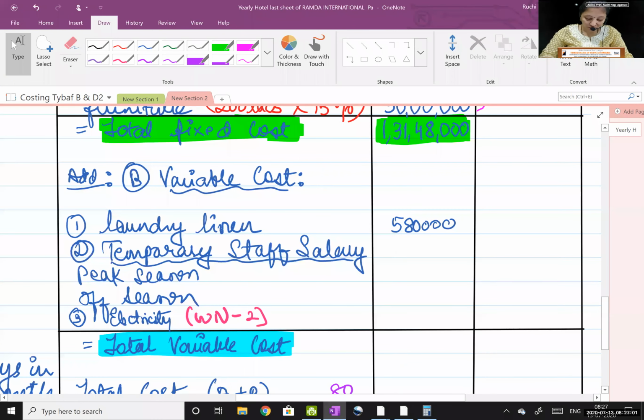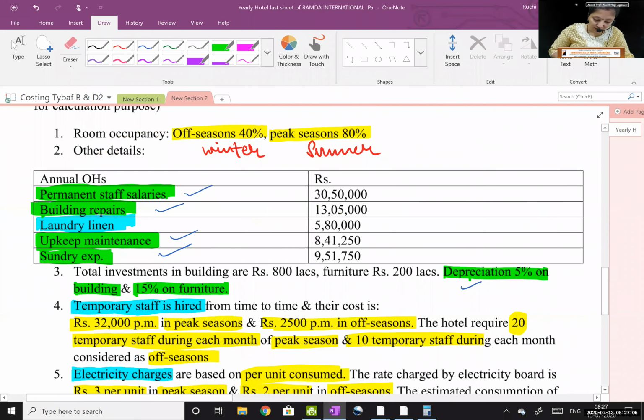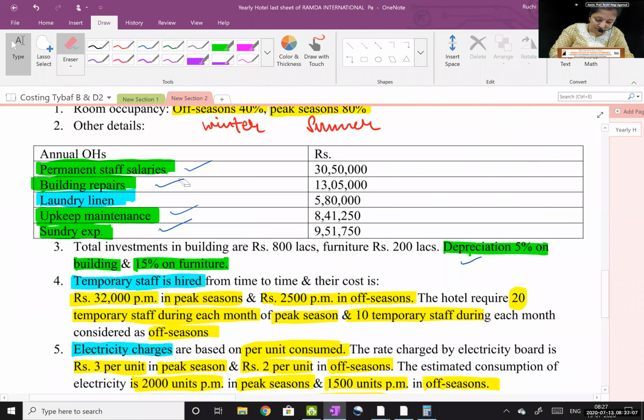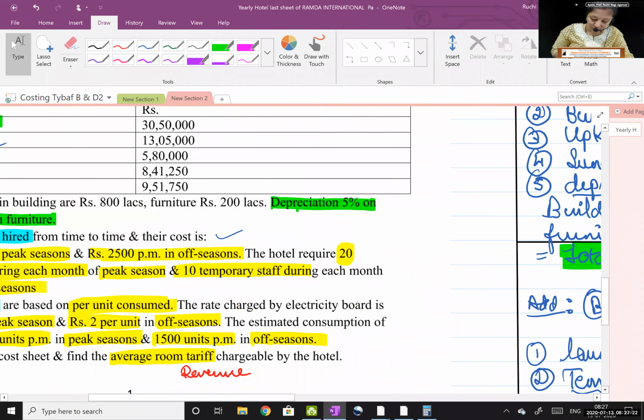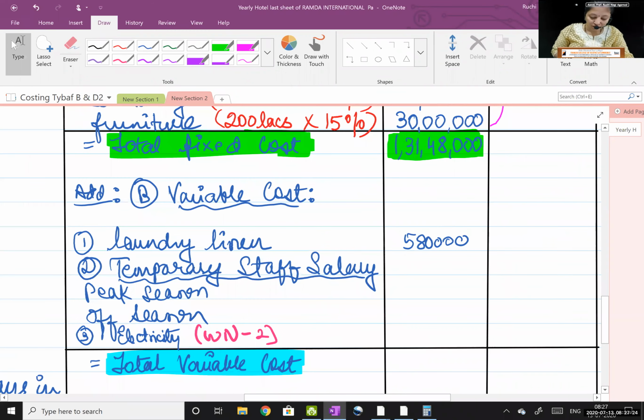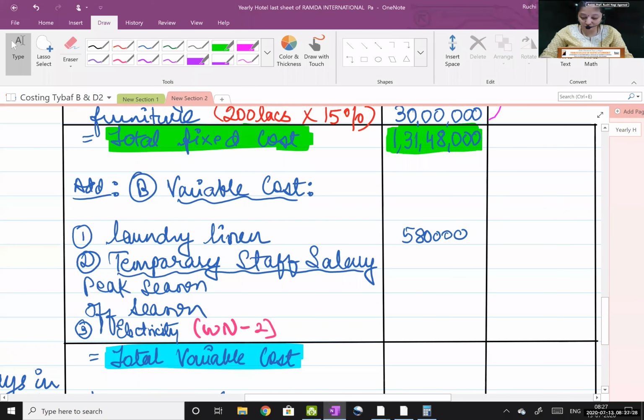Variable cost में how many are there? Three are there. Let us verify. How many variable cost? Yeah. One. Second is this temporary staff, and third is this electricity. So there are three. Okay. So first is laundry, 5,80,000.